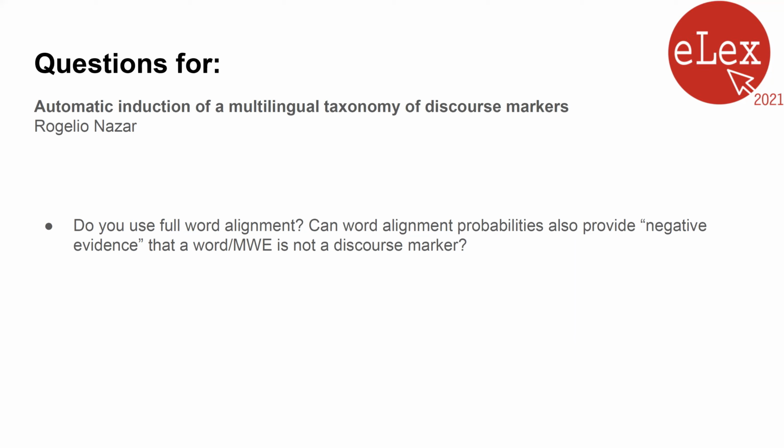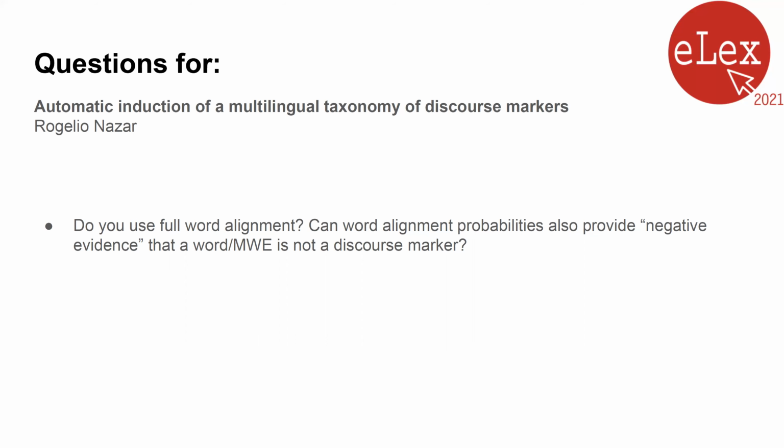So we first separate the candidates monolingually, and then once we have the list separated from the rest of the units, we proceed to align them. So in English, for instance, you can only be aligned on the Spanish side with units that have previously been separated as discourse marker candidates.